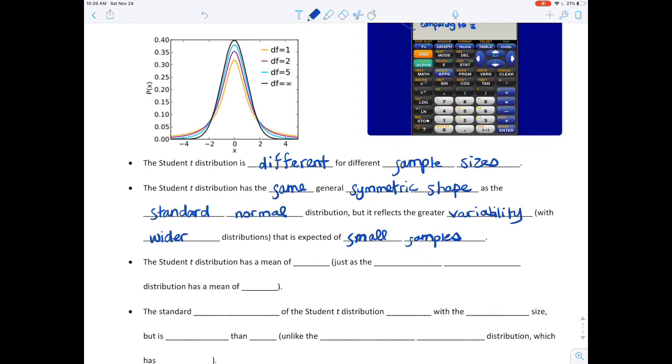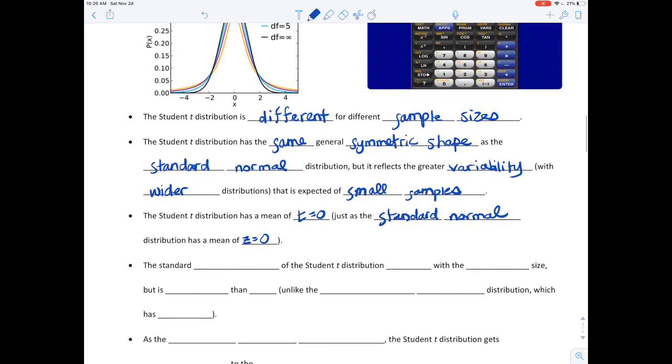The student t distribution has a mean of t equals 0, just as the standard normal distribution has a mean of z equals 0.